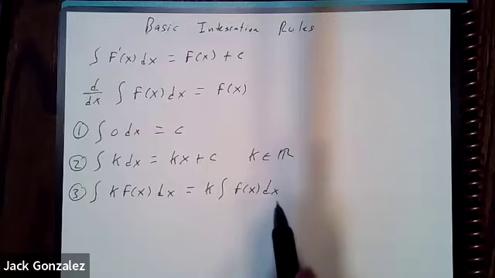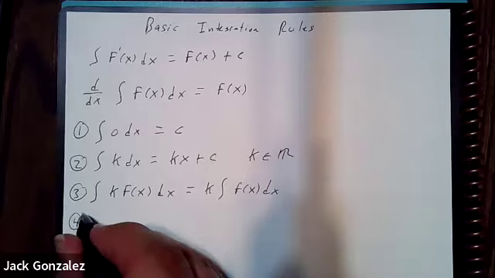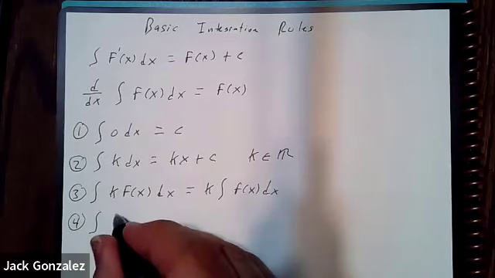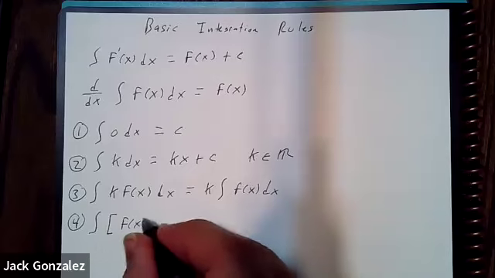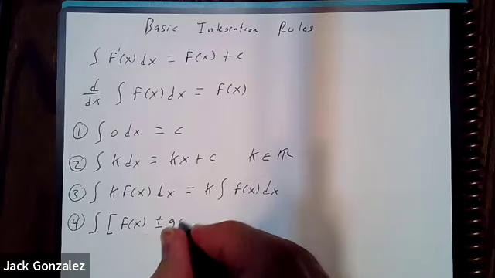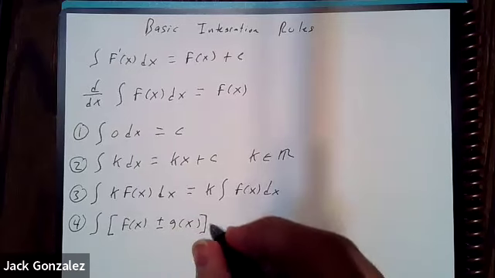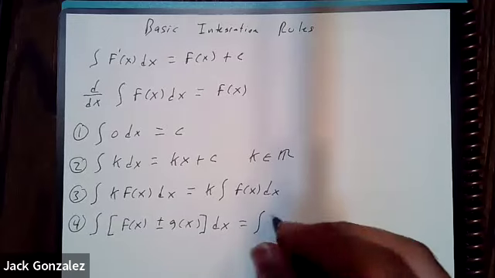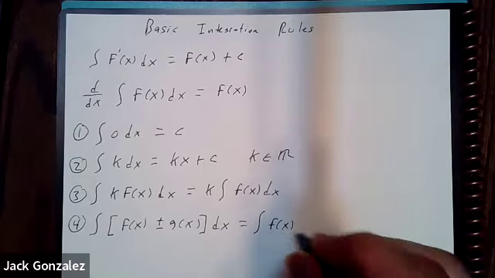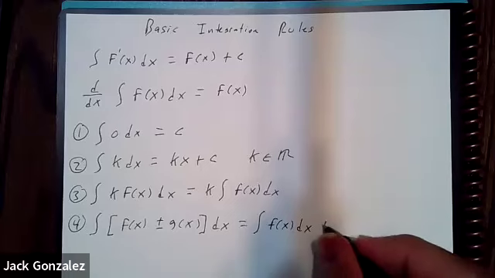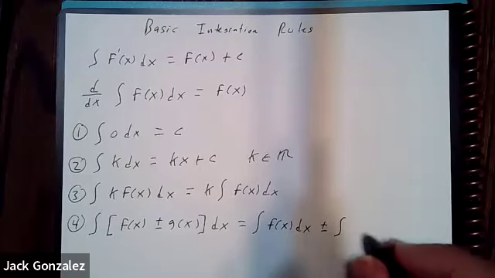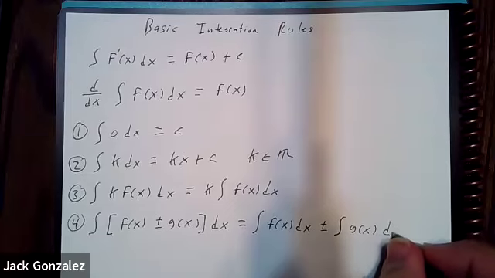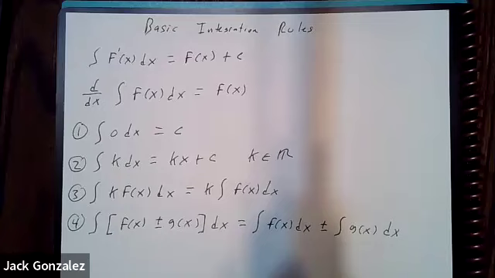Just solve this and then multiply by k. Number 4, integral of the sum or difference: if you have a sum and difference of two functions, you can integrate them separately and then add them at the end.